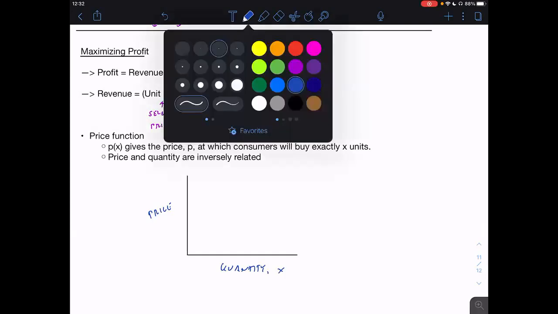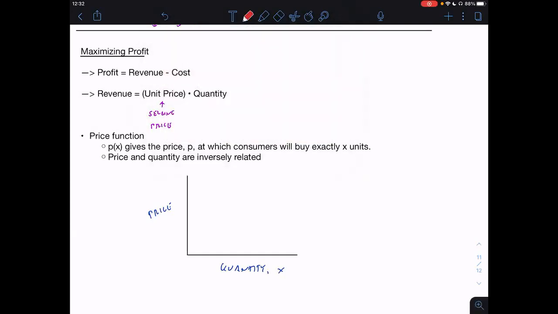Usually for this relationship, the lower the price, the more we sell. The greater the price, the fewer units that we sell. So these two items have an inverse relationship. What we want to figure out is the optimal point for price and quantity that will help us maximize our revenue to help us maximize our profit.